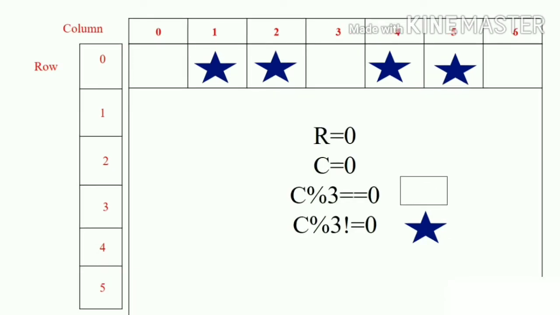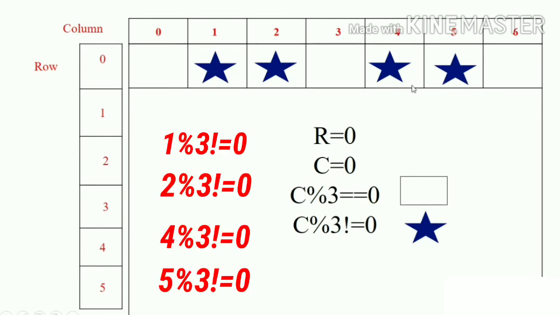Let's try to understand the first part of printing the star in the row and column. When the row is 0, when column mod 3 equals 0, that means column 0, column 3 and column 6, where the remainder is 0 after dividing by 3, we don't have to print anything, we have to print a blank.